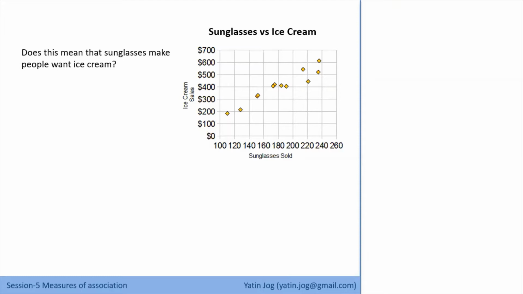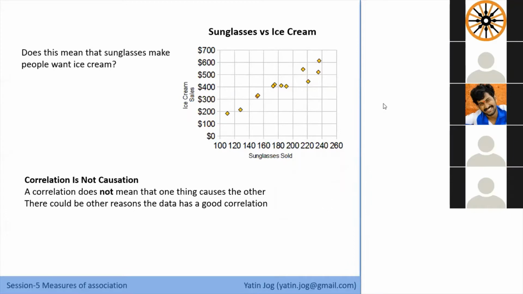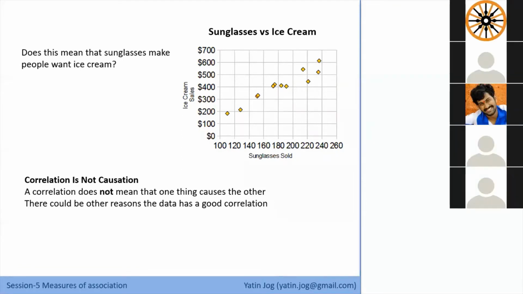That is very important to understand in statistical analysis or data analytics: correlation and causation are different. The concept of correlation and the concept of causation are different. Correlation is based only on numbers, pure numbers, nothing to do with logic. Causation is related to logic. So a correlation does not mean that one thing caused the change in the other variable.